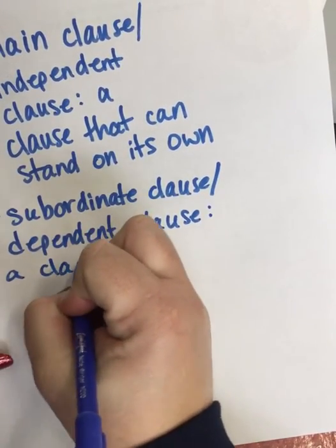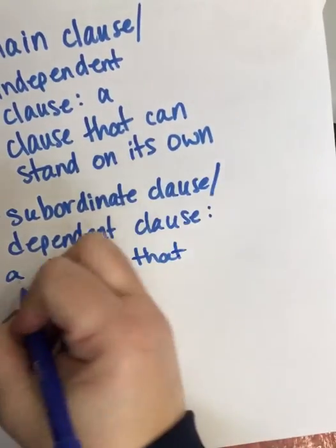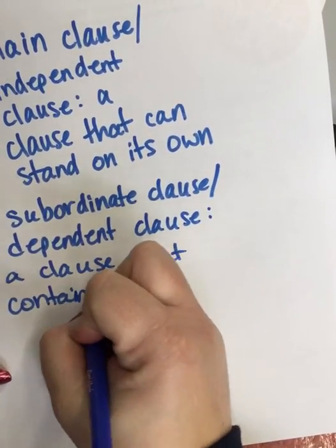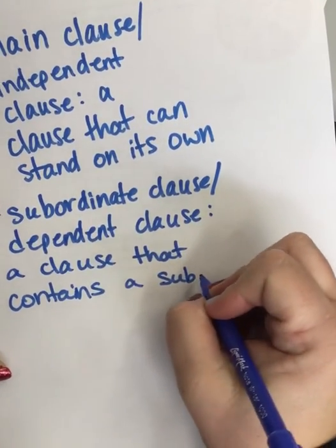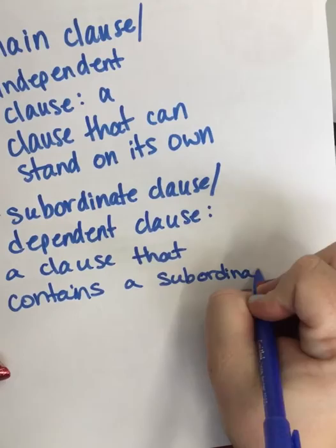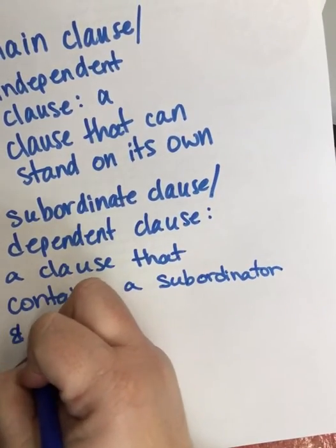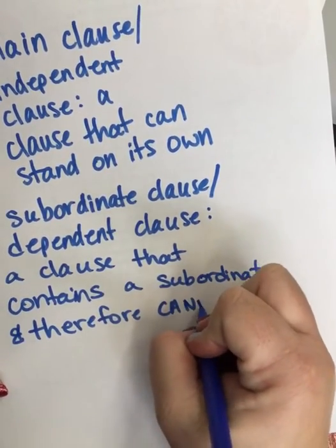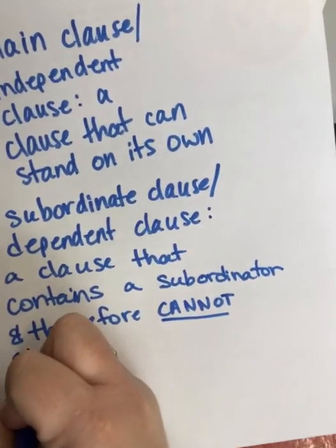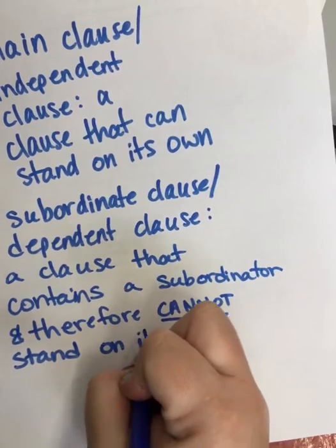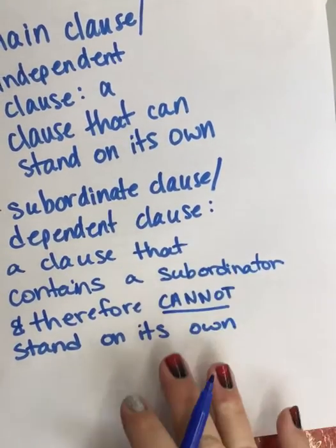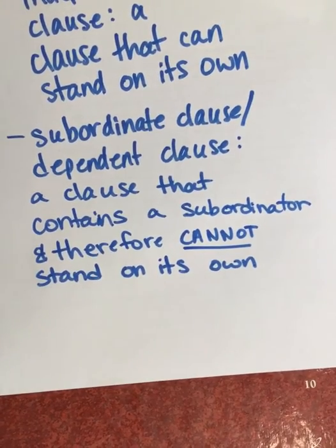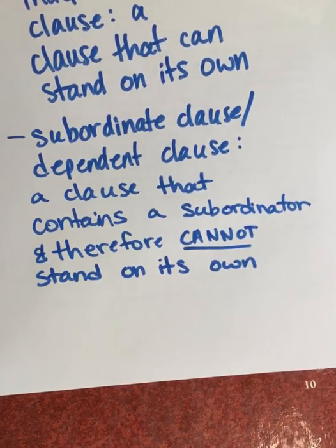A clause that can't stand on its own. Okay, so a subordinate clause or a dependent clause is a clause that contains a subordinator and therefore cannot stand on its own.